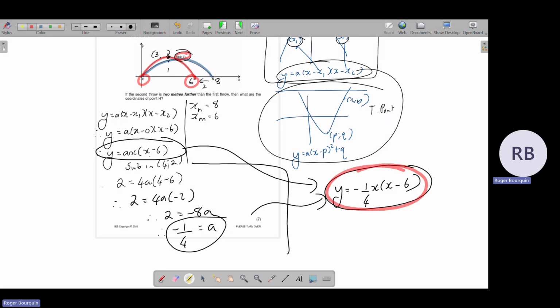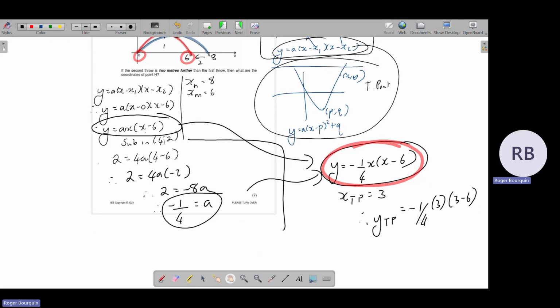Now, because of symmetry, we know that the x coordinate of the turning point is 3. I've got an x coordinate of a point, so how do I find the y coordinate? Substitute into that equation. The y coordinate of my turning point must be -1/4 times 3 times (3 - 6).